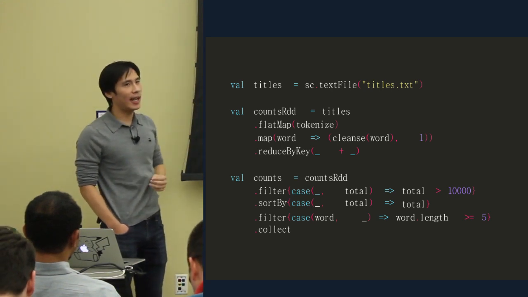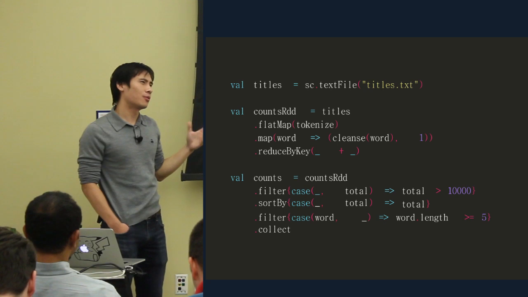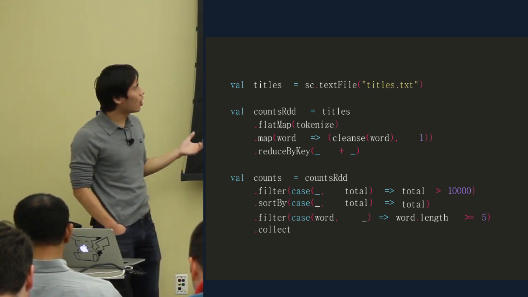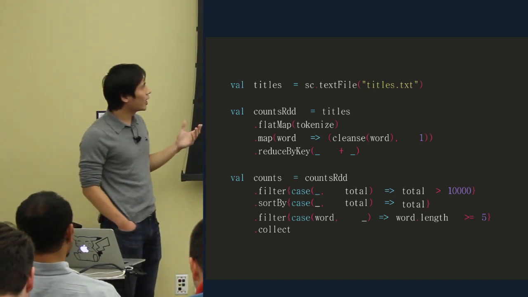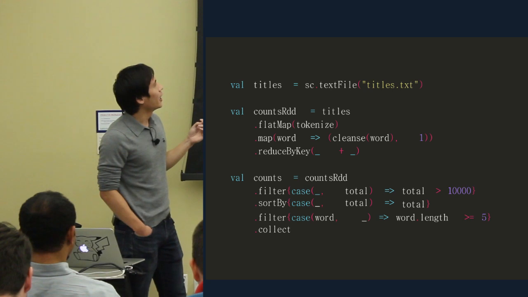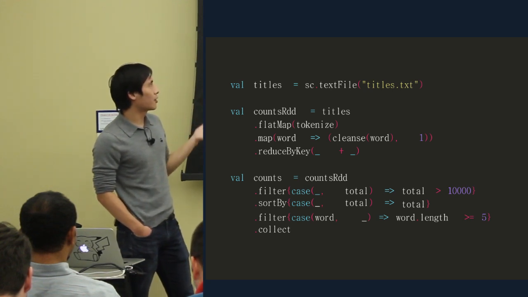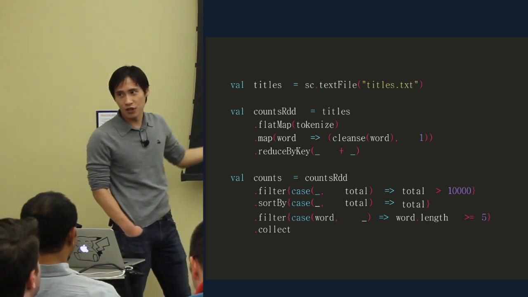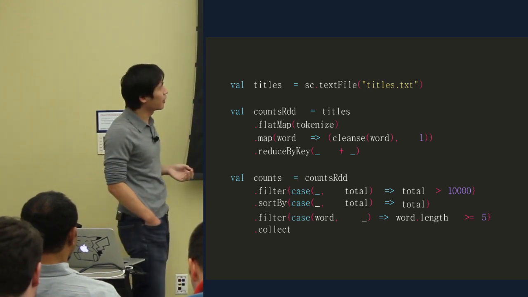So SC just contained, for example, the authentication for HDFS, how to connect to Yarn, whether it's local or not. So just the execution context. And then we just load up a text file called titles.txt, which is on my computer. But you can also just throw in an HDFS link, and it'll load it out of HDFS.